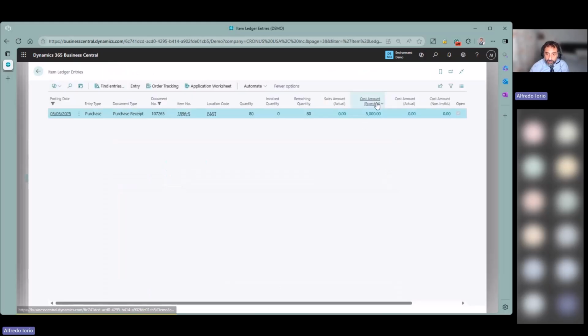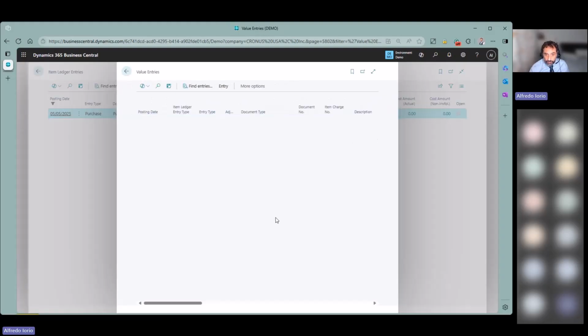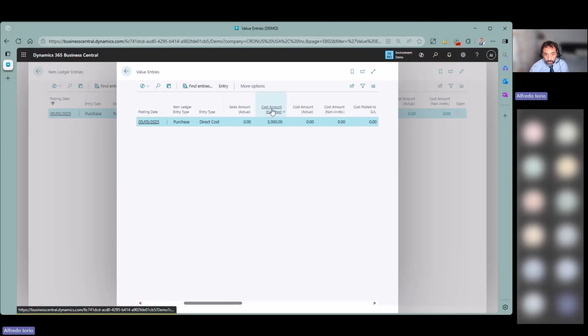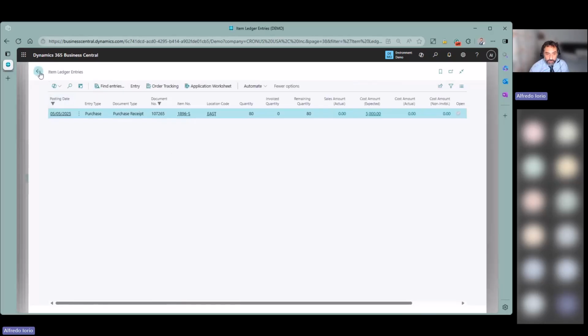And what do I have? I have cost amount expected. Again, expected cost. This 5,000, if I drill down here, looks at the value entry, which is a purchase receipt. It's a direct cost because it's what I will pay to the vendor. And you can clearly see here how cost amount expected shows here. So you can see how everything is coming together.